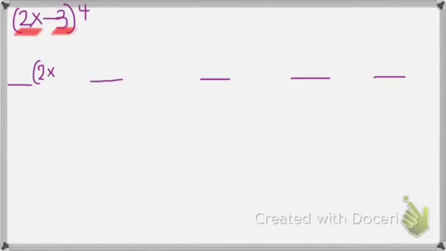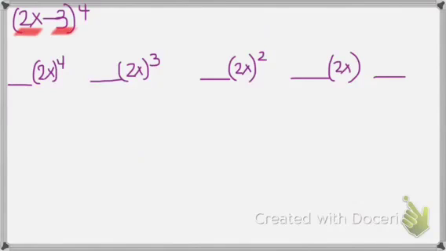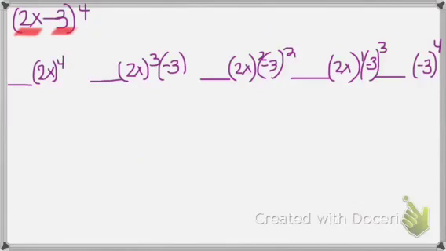So (2x) to the 4th, (2x) cubed, (2x) squared, and then 2x. Now I go backwards, starting with -3. -3 to the 4th power, -3 to the 3rd power, -3 to the 2nd power, -3 to the 1st power, and then we don't have anything.